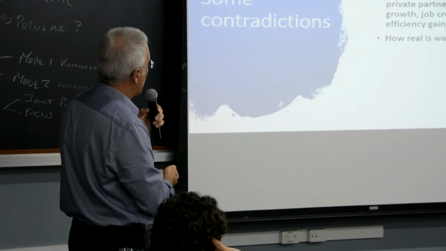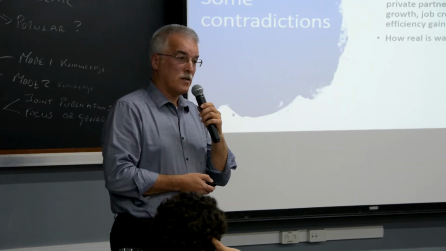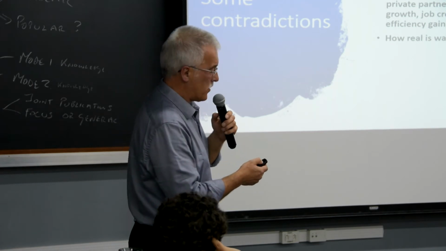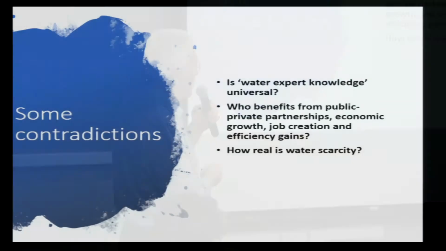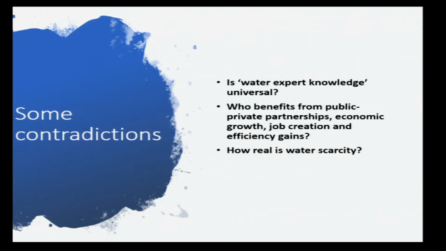And the authors came up with some contradictions inherent in the report, which I found very interesting. Some of them were: is water expert knowledge a universal thing? Is there one defined body of evidence which suggests that there's an expertise which is agreed about this? Another contradiction that the reviewers came up with was who benefits from public-private partnerships in terms of water development, who benefits from economic growth, job creation, and efficiency gains.